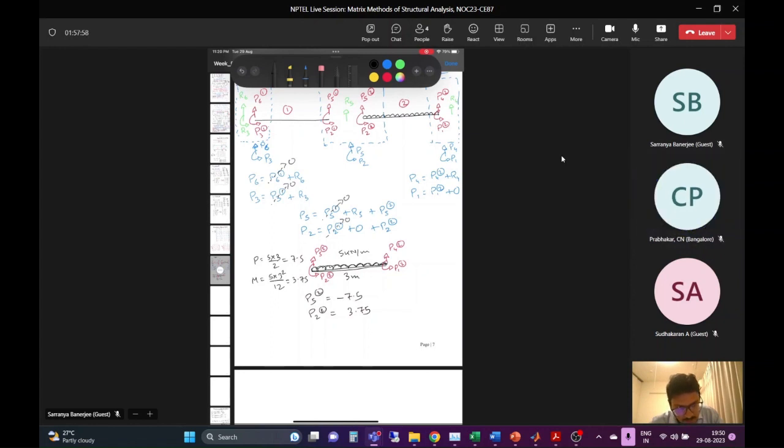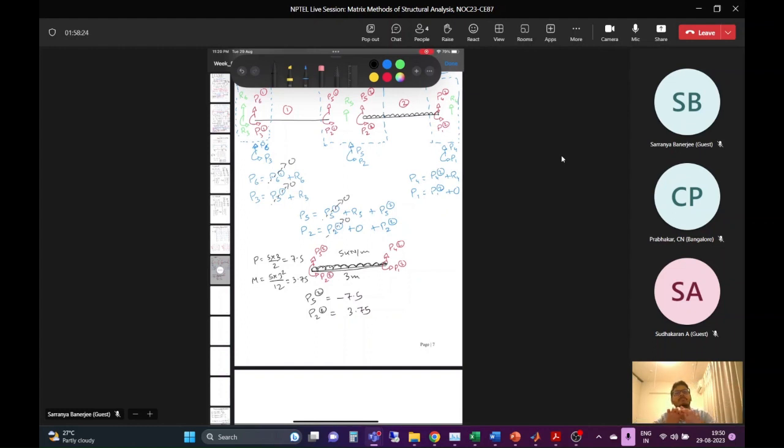I think there is a slight confusion. What is happening here is we are not talking about the fixed end moments or the reactions now. We are talking about the equivalent joint loads for this distributed load on the beam.